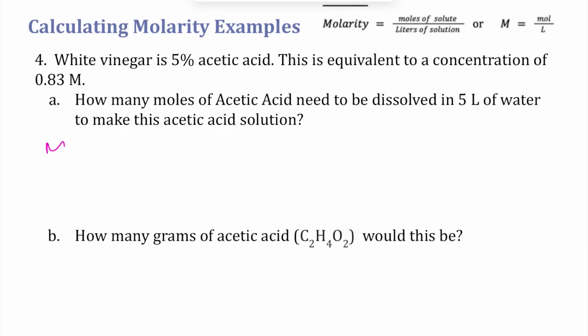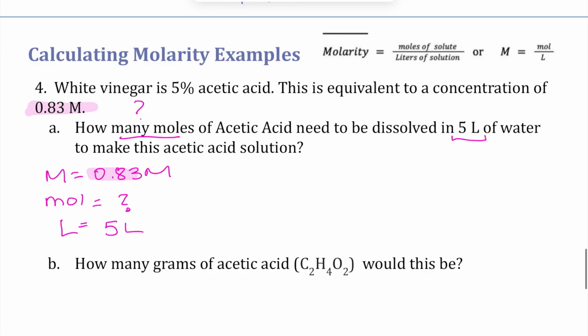We have molarity, we've got moles, we've got liters. So what of those things do I have? I have that 0.83 molar, so I'm going to use that. We have 5 liters of water, and so we're asking for how many moles. That's our question mark. How many moles will we have?